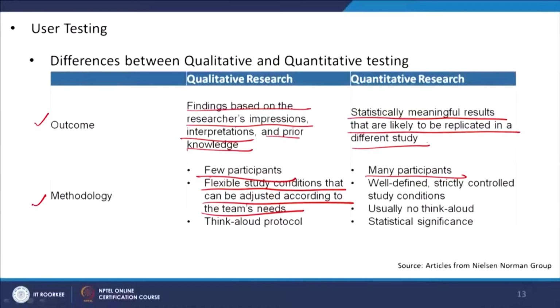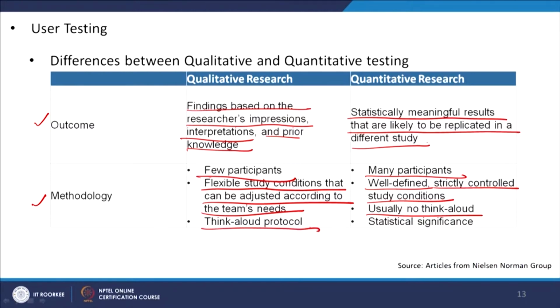For one particular setup there has to be a lot of user groups, and then we can club those numbers and formulate a particular number for the satisfaction rate of that setup. We cannot club different scenarios together. It is a well defined, strictly controlled study condition, and we cannot deviate from it, otherwise the numbers' meaning will also deviate. And usually no think aloud process is done in quantitative research, but think aloud is done in qualitative research.